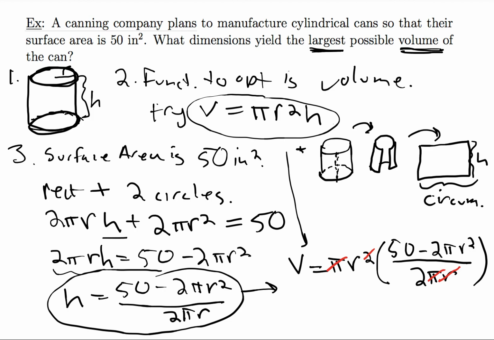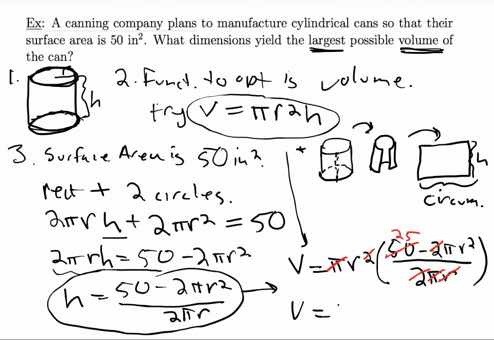Another comment that I can make is that both of the coefficients in the numerator are divisible by 2, so if I wanted to get rid of this 2, that can go away, and this can get replaced by a 25. So, all in all, if I wanted to clean this up, I'm really left with just that one r on the outside that hasn't canceled yet, and then a 25 minus pi r squared.